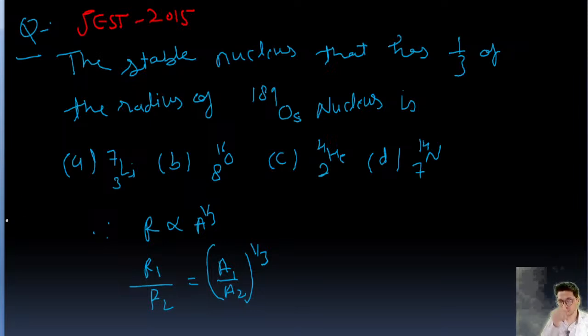We can put the value of R1 and R2. In the question it is given that R1 is R2 by 3. So we'll put it: this is going to be R1 upon R2, which is 1/3.